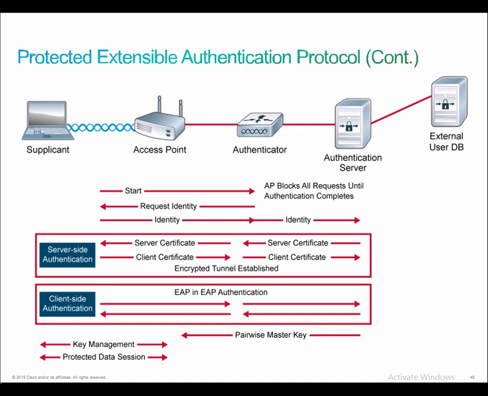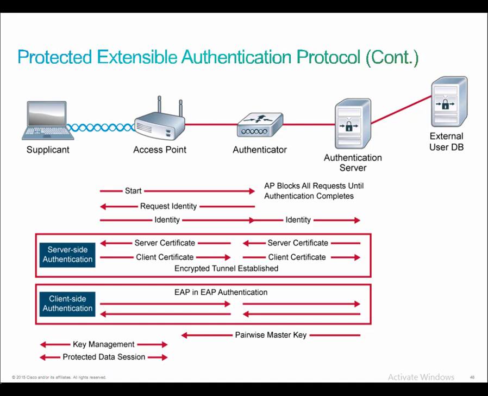The client is authenticating the server using the certificate authority to verify the digital certificate of the server itself. In a TLS exchange, the client sends its own certificate, right? But in PEAP, the client generates a master encryption key. It encrypts that key using the server's public key, and then it sends the encrypted key to the authentication server.